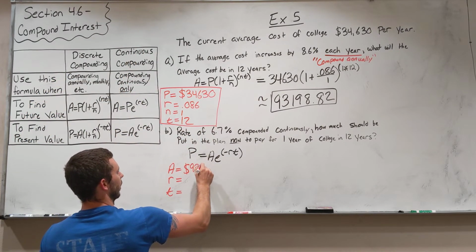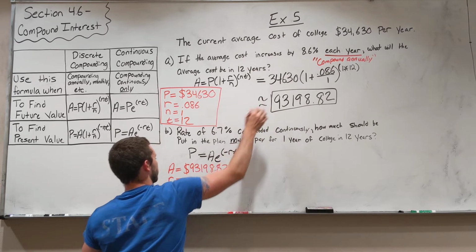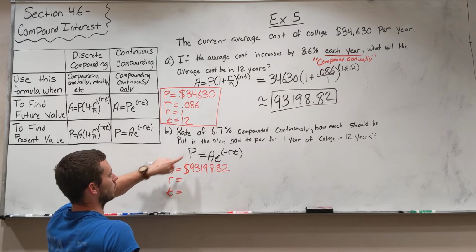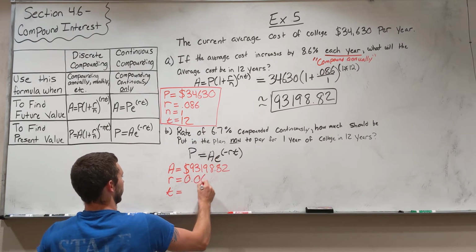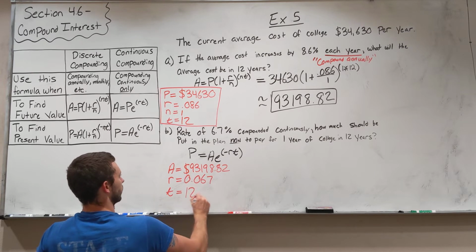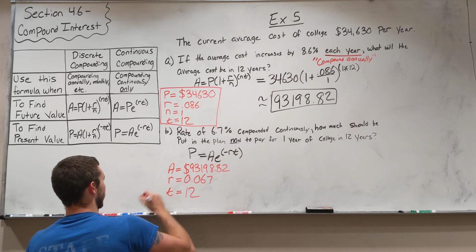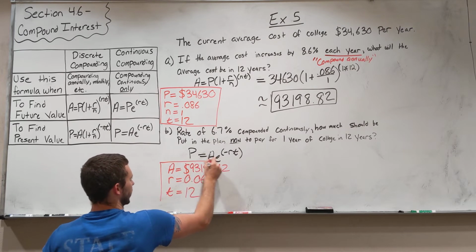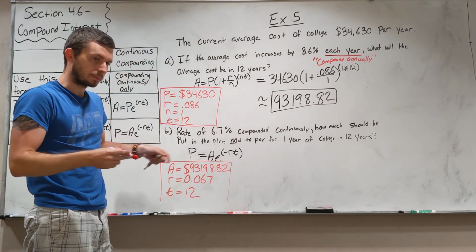It's the 93,198.82 that we found right here. The rate is the 6.7%, which we'll go ahead and convert to a decimal. And the time is still 12. They even emphasize it at the bottom here, for 12 years. And with all of this information determined, we can now plug in everything accordingly and solve for P.